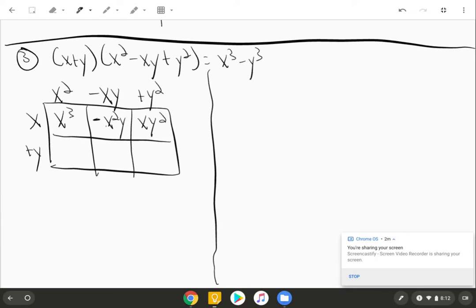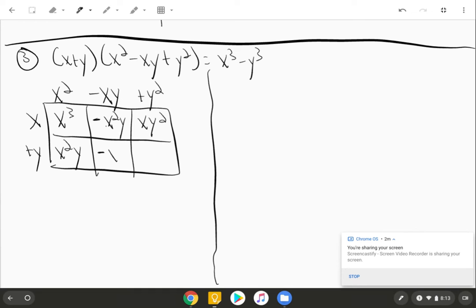So row two, this is going to be x squared times y. So x squared times y. This one is going to be negative xy times y. So again, it's a positive times a negative, so that's going to be negative.